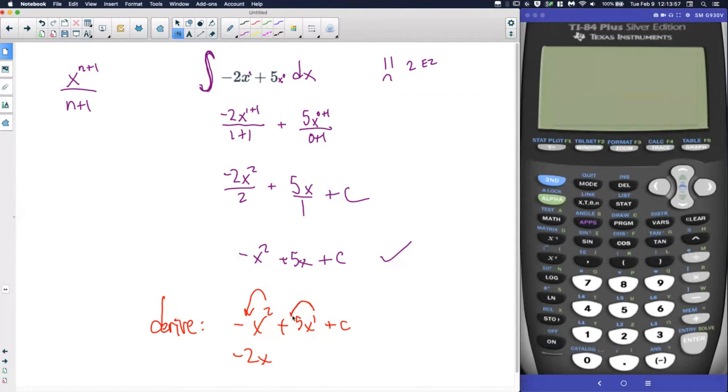Then that's a 1 that goes in front, so that's just plus 5. Minus 1, minus 1, so I don't put x here because it's x to the 0. And this is a constant, so the derivative of a constant is 0, that's why I have to put c there. So then this is our answer, same thing as this here. That's how you check it and know you did it right.